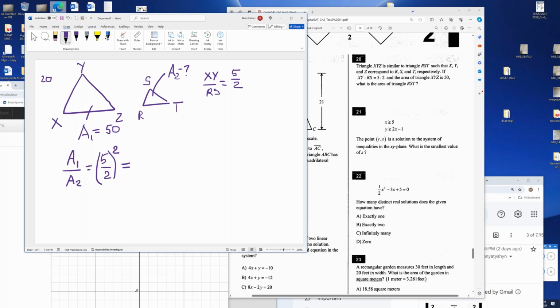Again, if two shapes are similar, then the ratio of their areas equals the square of the linear ratio. A1 equals 50 over A2. After taking to the second power, it would be 25/4 equals 50 over A2.